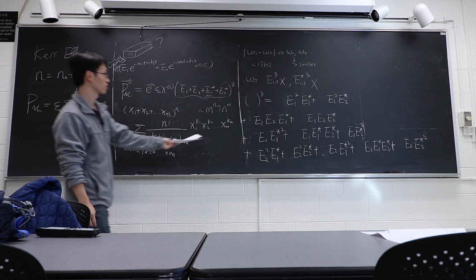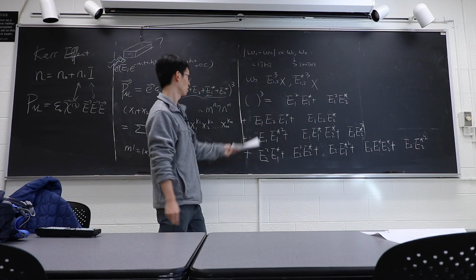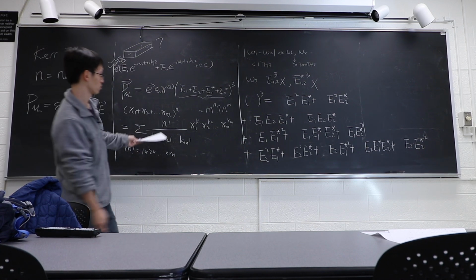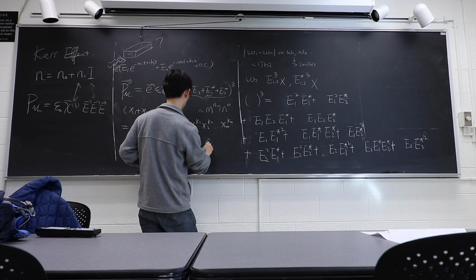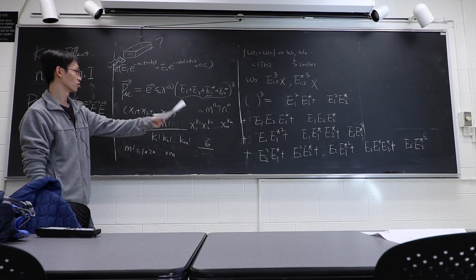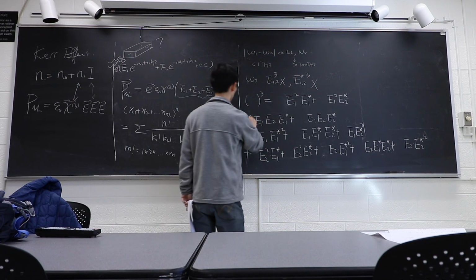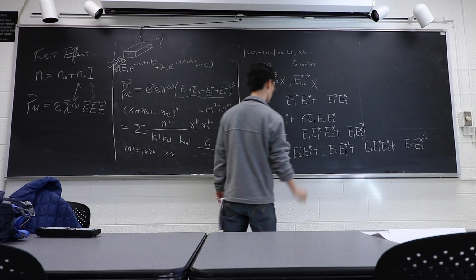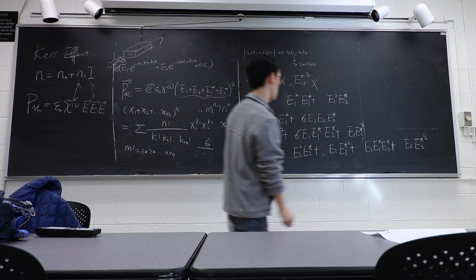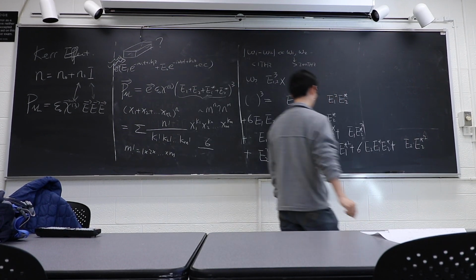Let's do the simple one first, this one. Three are all different. Of course, this one is always 6, right? 3, and then 1, 1, 1. Simple. 6, 6, 6, 6.